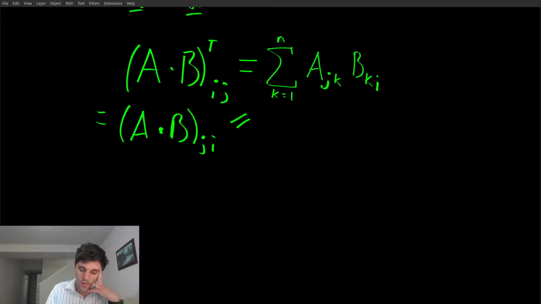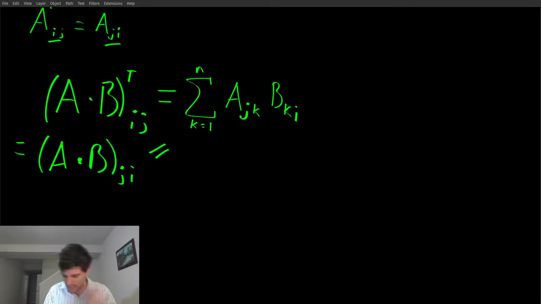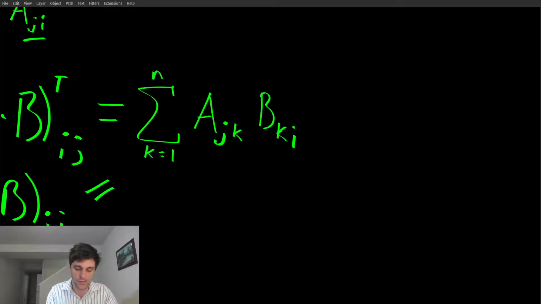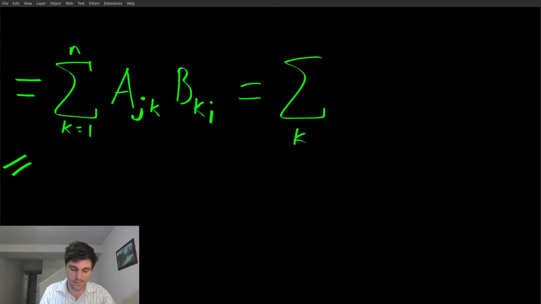And then each one of these, A jk is a scalar, B ki is a scalar, right? So I can reorganize those, no problem. So this is going to be equal to the sum across k of B ki A jk.